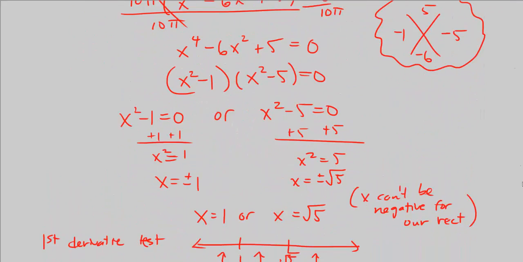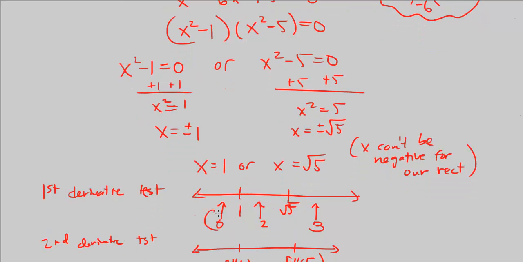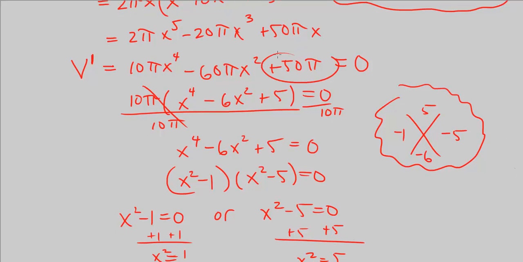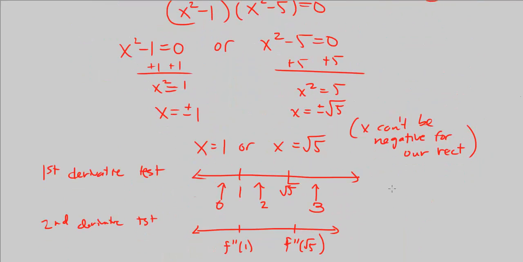We're going to start with 0. If we plug 0 in, we get 0 minus 0 plus 50 pi, which is 50 pi. There's no x in this, so it's positive. All I care about is whether it's positive or negative. And it won't be 0 because 1 and square root of 5 are the only zeros.